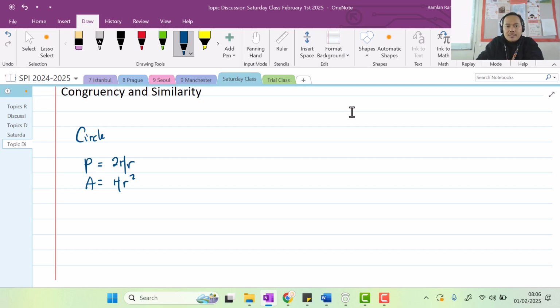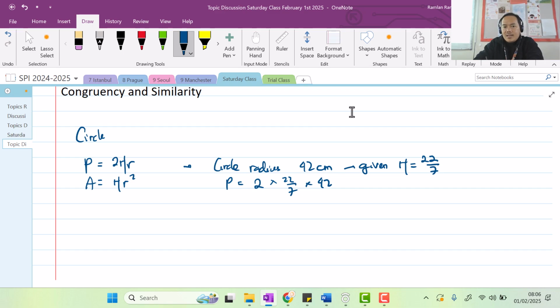For example, let's say we have a circle with a radius of 42 centimeters. If I want to find the perimeter, it equals, given pi is 22/7, 2 times 22/7 times 42. You can cancel the 7 and the 42.